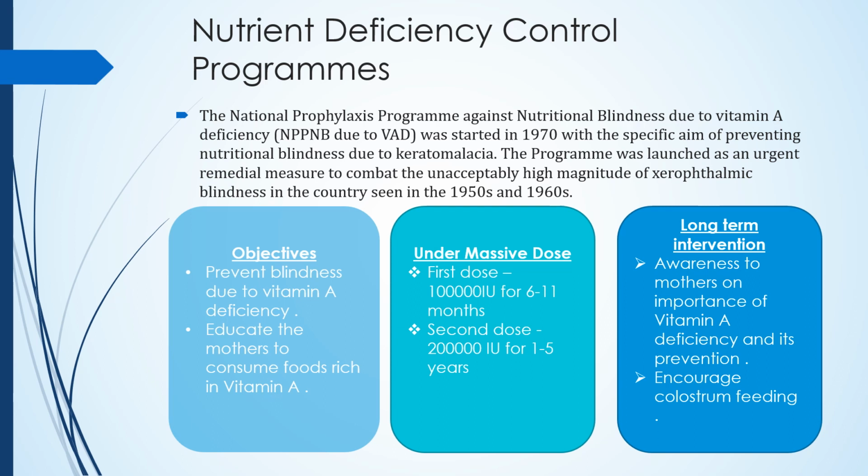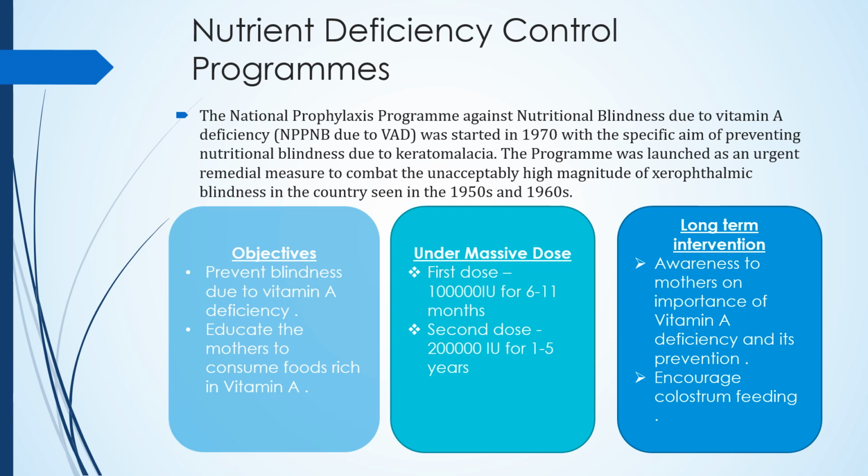The children are given massive doses. The first, 1 lakh international units, that is IU, for the age 6 to 11 months. The second dose, 2 lakh IU, for children 1 to 5 years of age. So this is a short-term or direct intervention.